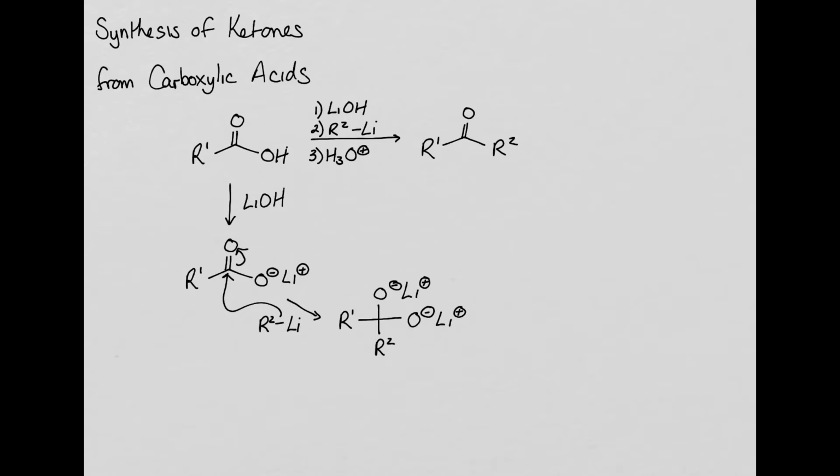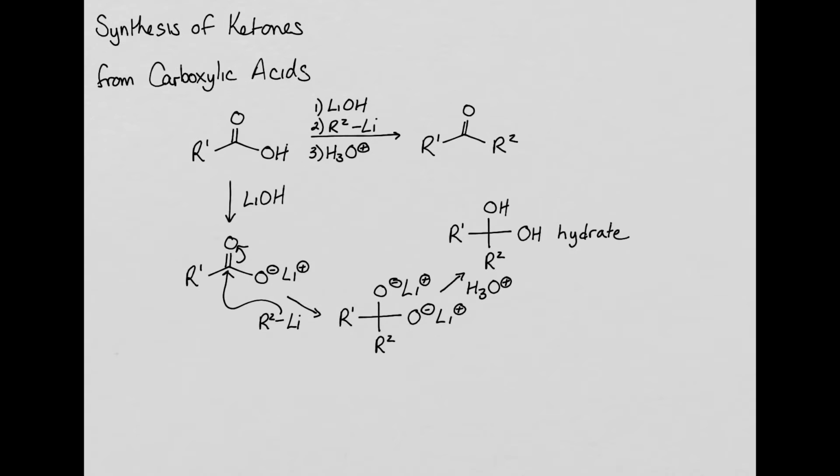In the acidic workup step, both salts are protonated to produce the hydrate. The hydrate is unstable and rapidly loses water to produce the ketone. It is important to note that only organolithium reagents are reactive enough to add to the acid. This does not work with a Grignard reagent.